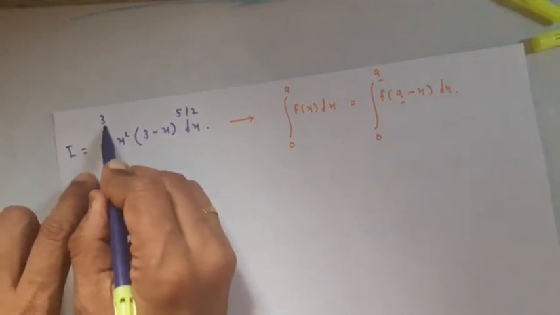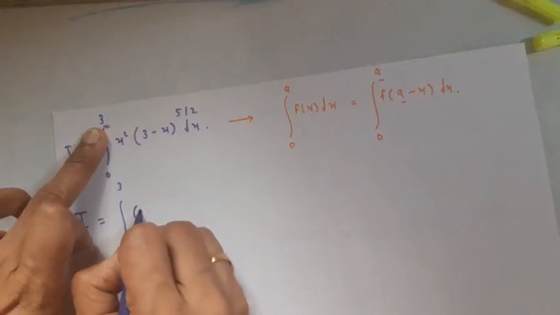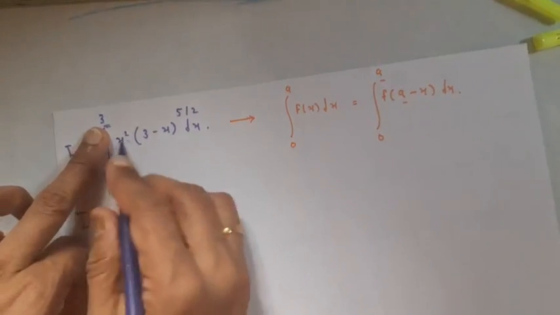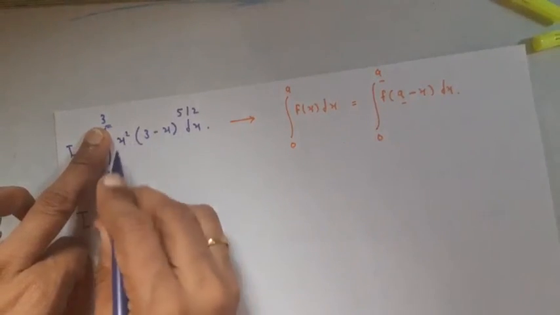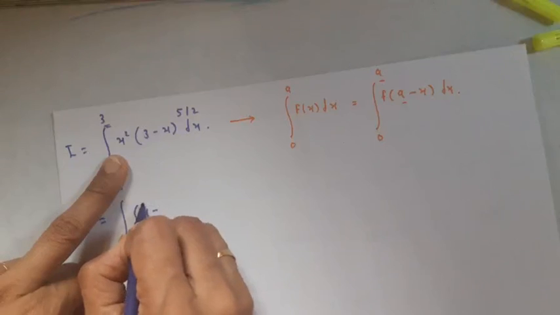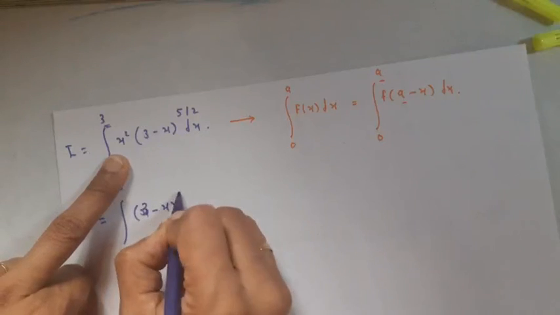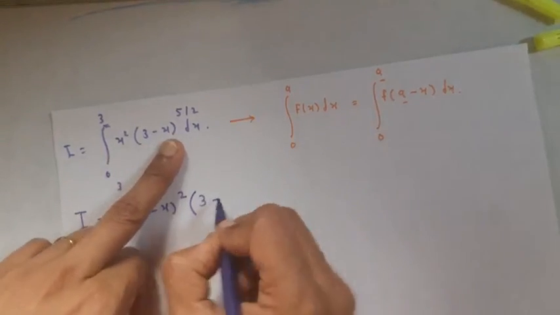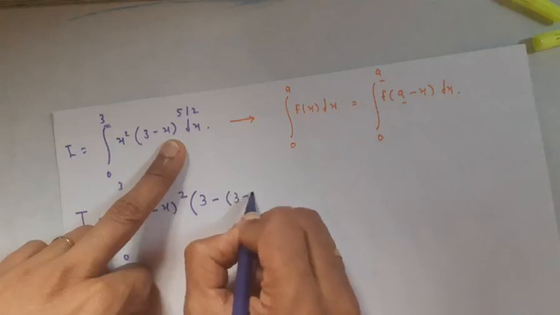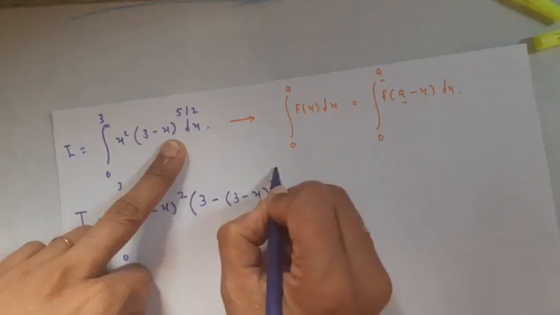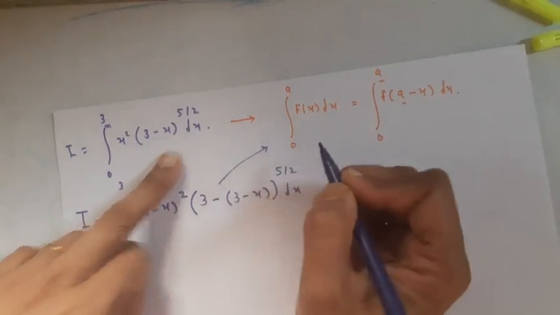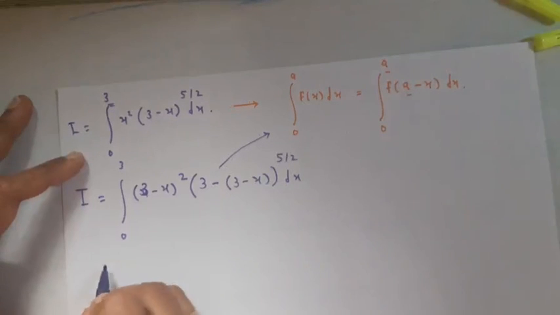So here a is 3, and a minus x, that is 3 minus x. Sorry, this is 3 minus x whole square into 3 minus, put the value of x as 3 minus x, okay, and raised to 5 by 2 with respect to x by using this property.